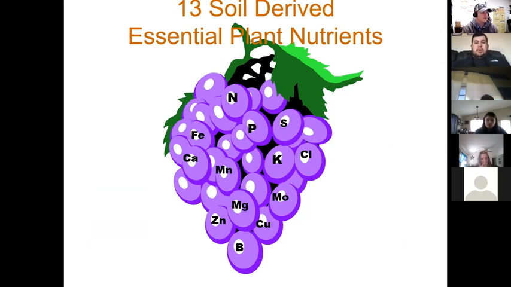Okay, and then these other 13 are the ones that the plant gets out of the soil and are the essential nutrients. Okay, you'll notice that nickel does not make an appearance here. It did on the last one. And nickel kind of lives in the fuzzy area, okay? Some people say that nickel, you've got to have it.